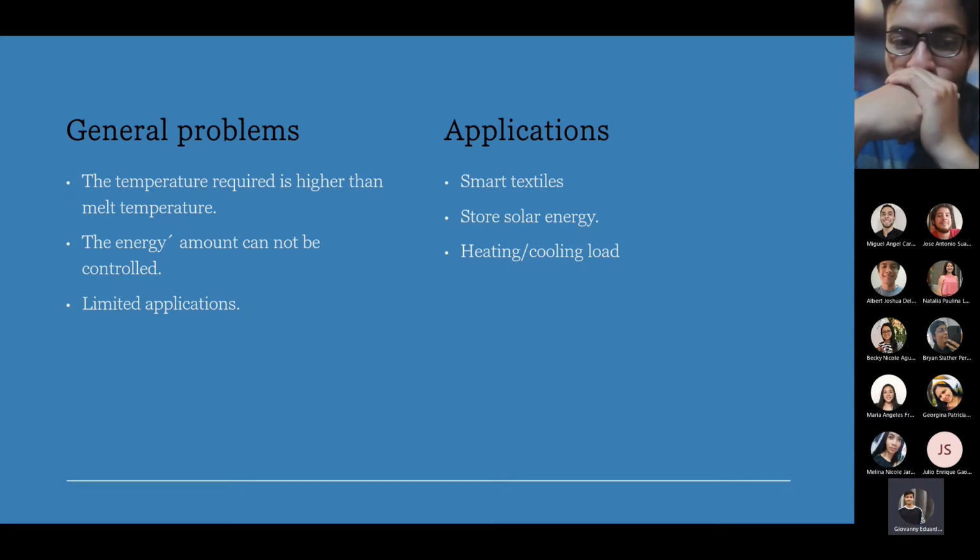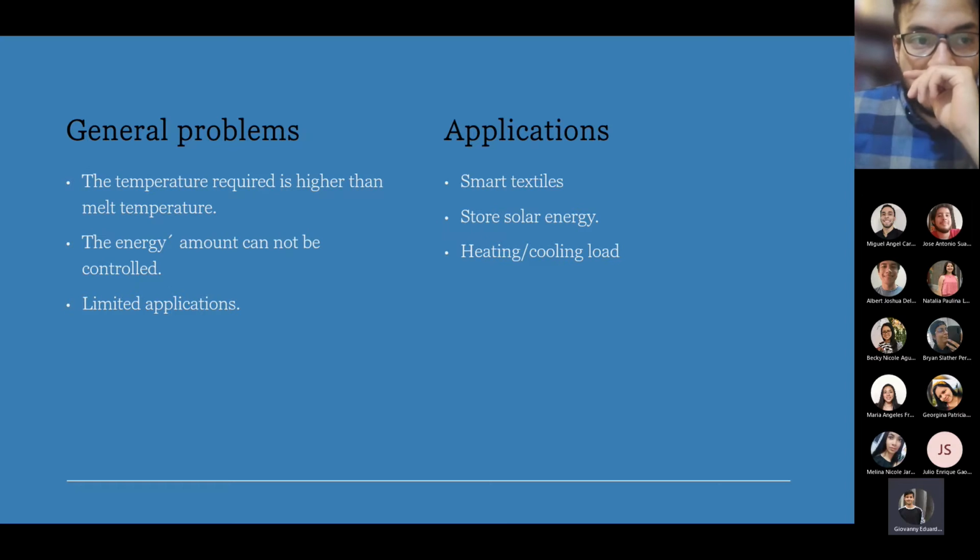So this leads to the lack of control of the energy amount that can be controlled either during the absorption process or releasing process. So this makes the PCM have limited applications. The most common applications that are investigated are in smart textile to store solar energy and the heating and cooling loads.